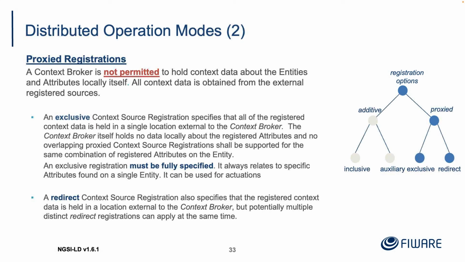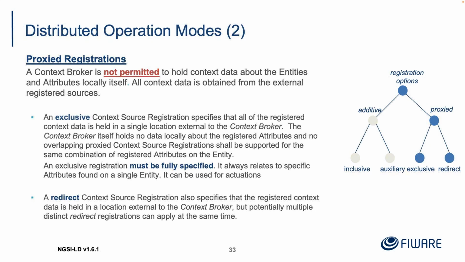If you have, say, the battery level of a device which is being offered by an IoT agent via a chain of entities, you're not going to have that data directly inside the context broker. It's not going to be polled for and pushed up to the context broker on a regular basis, because that will actually help drain the battery. So the idea behind the exclusive registration is that the context broker doesn't have the data, but it knows where it can get it.